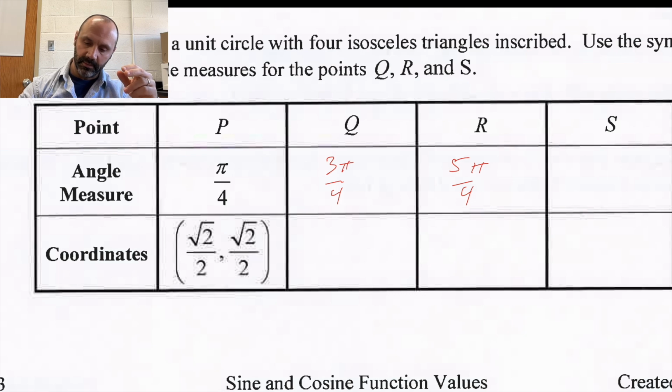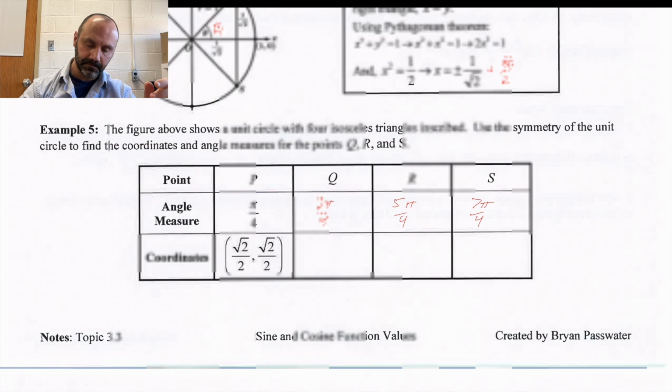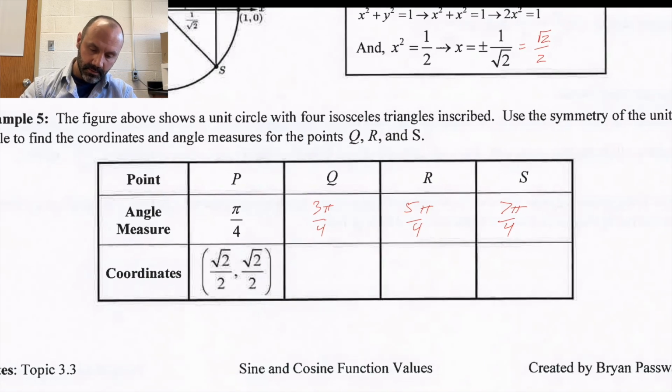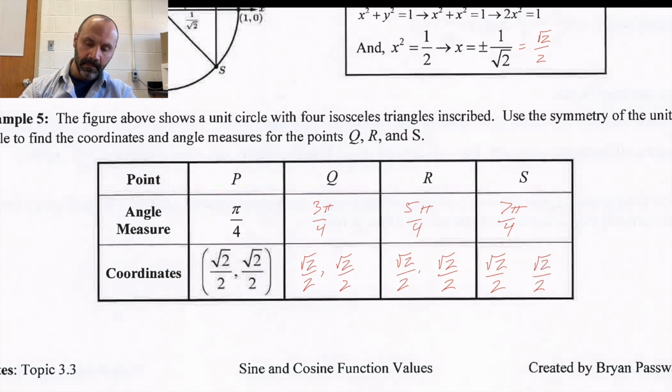And then we're going to have 7 pi over 4, back into the fourth quadrant, sorry. And so it's all root 2 over 2. I'm just going to do this and then fill in the positives and negatives afterwards. Root 2 over 2, root 2 over 2.